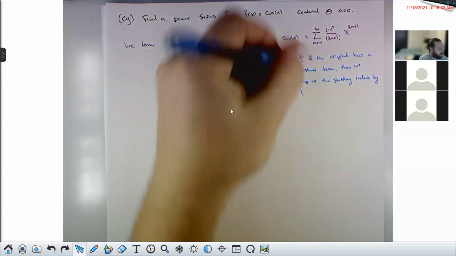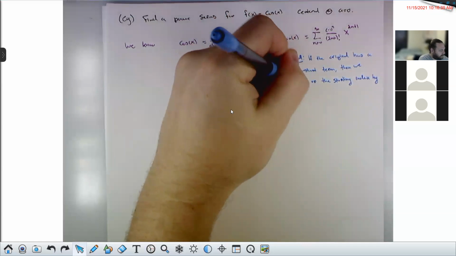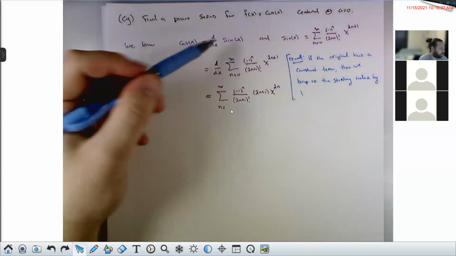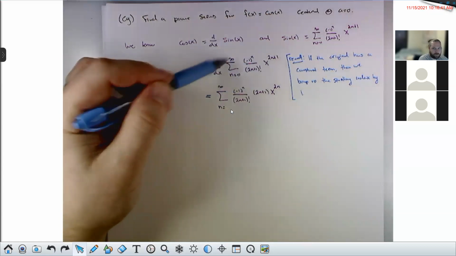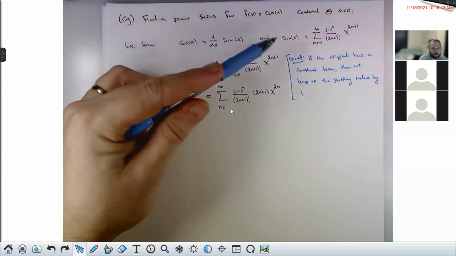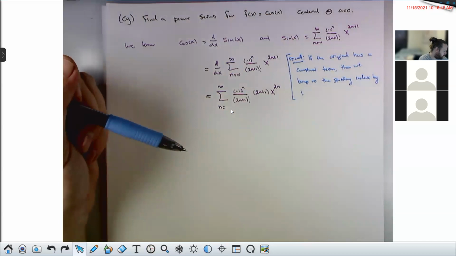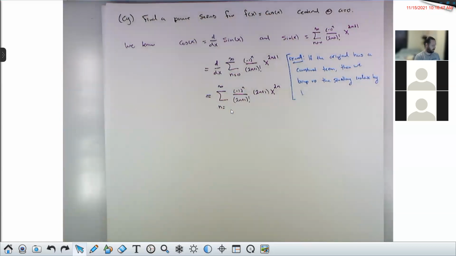Well, does the power series for sine x have a constant term? The series that we're differentiating here. Does this series have a constant term? What is the very first term of the series for sine x? X. Right.